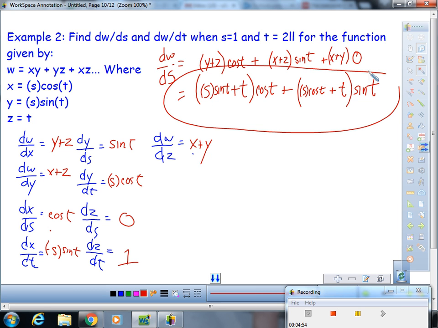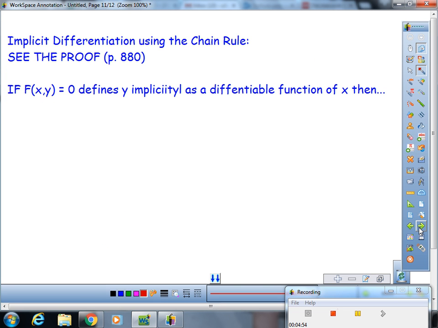That's it. And we're just going to have faith that we can find dw dt. So omit. Okay? No one was going to watch that. Come on. All right, almost done.